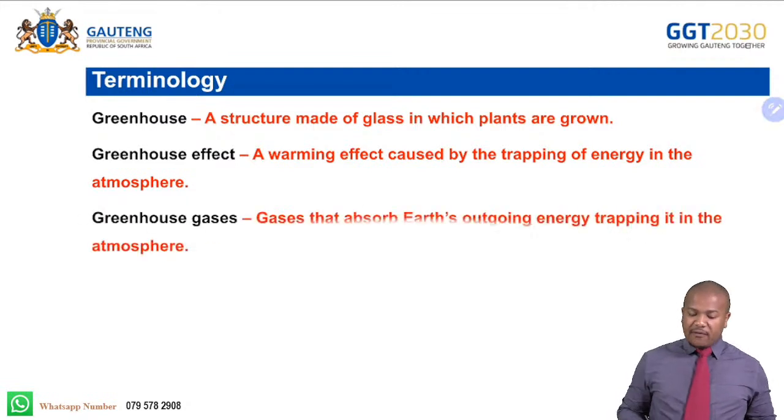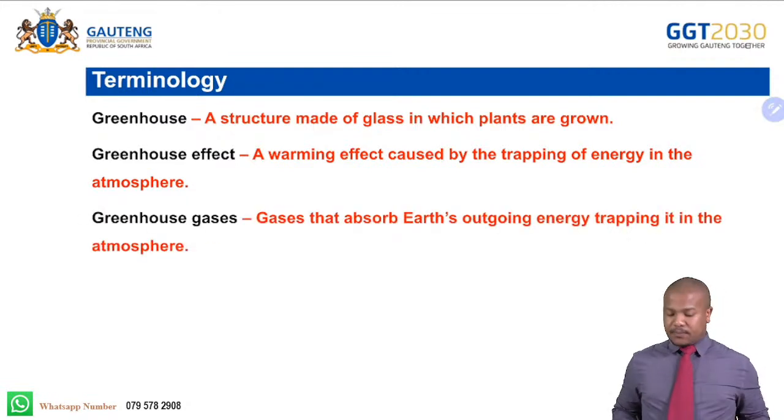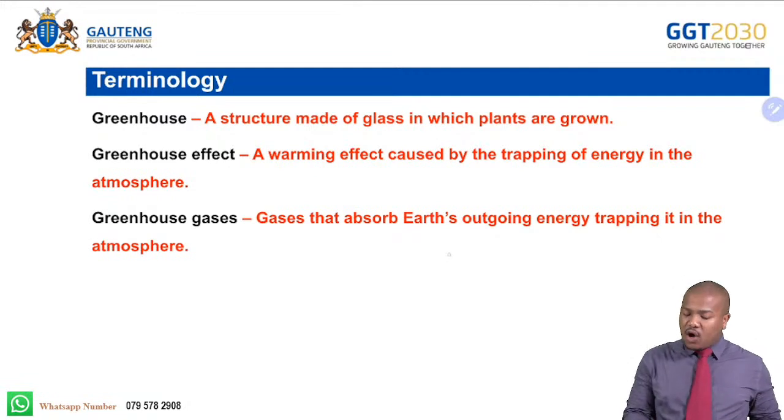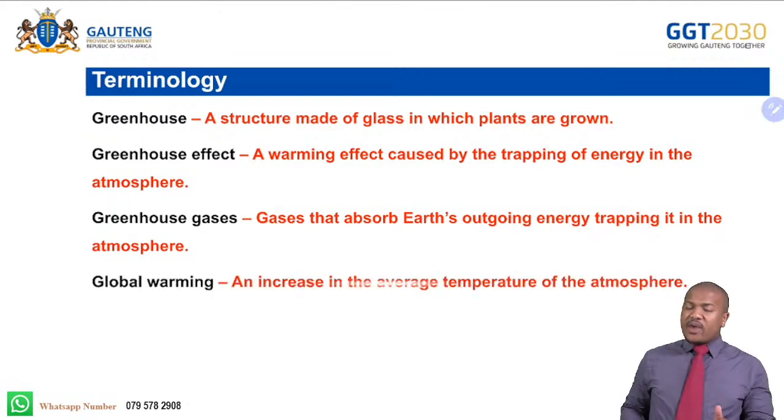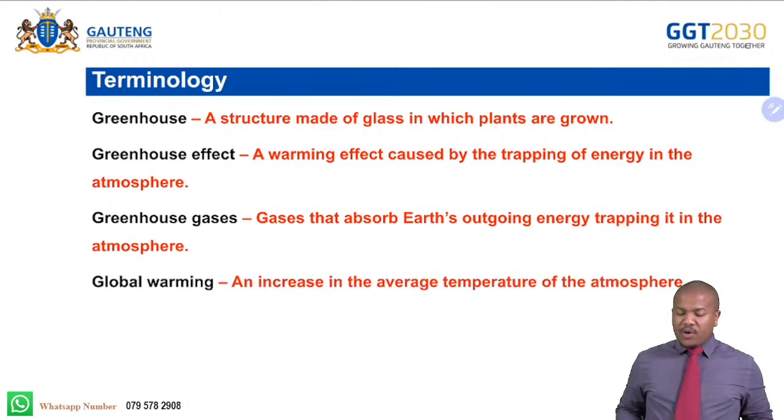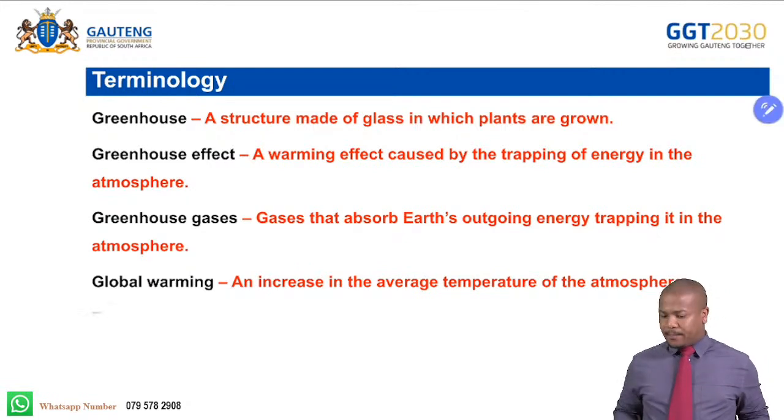Then we have greenhouse gases. Those are the gases that absorb the Earth's outgoing energy by trapping it in the atmosphere. Also, we have global warming, which is an increase in the average temperatures of the atmosphere.